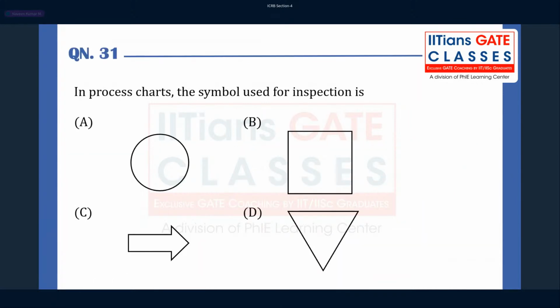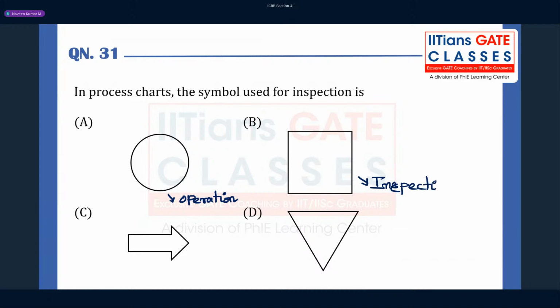Next. In the process chart, the symbol used for inspection is... Okay, so there are different symbols that are used when you are doing this inspection. So I'll write what is what. This represents operation. Operation is happening, right? When the process is happening. And this represents inspection.